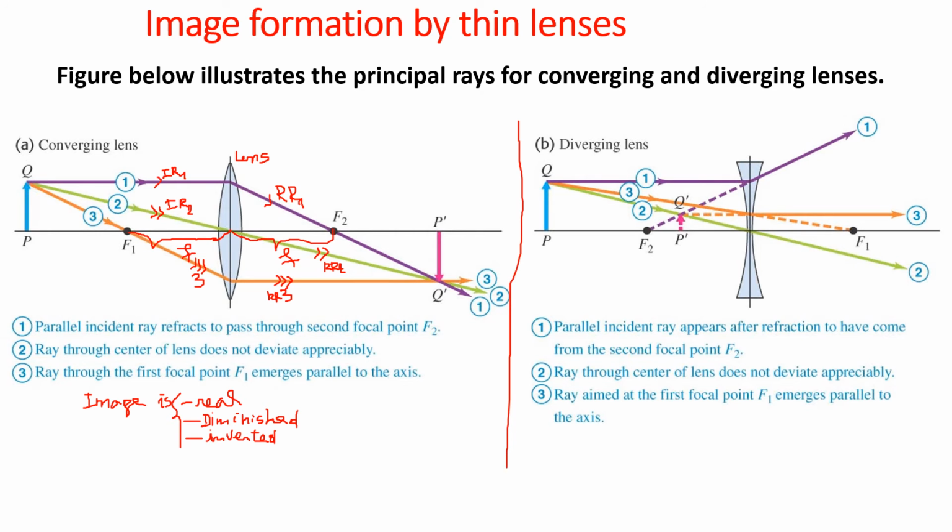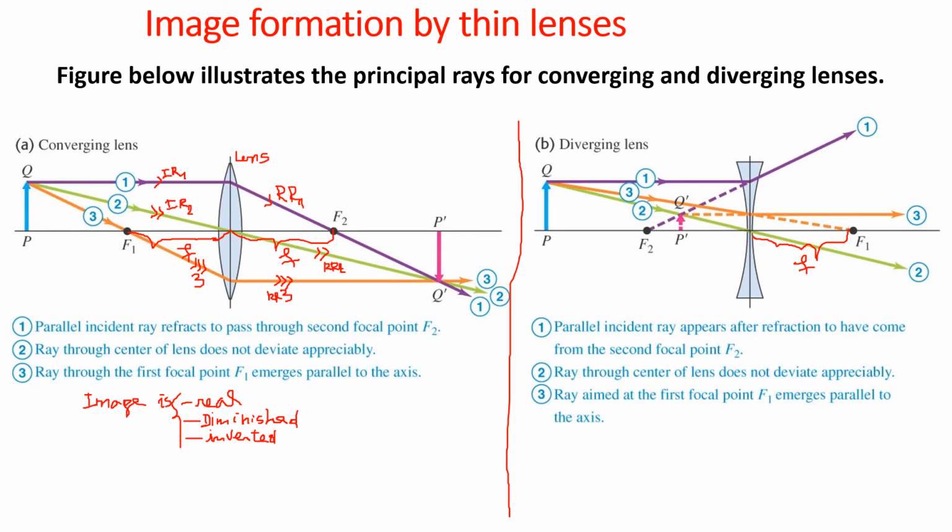Then we can continue with the image formed by a diverging lens. We first plot our lens. We need to plot this principal axis which passes through the center of the lens. We need to position the focal point by putting it at a distance which is equal to the focal distance.